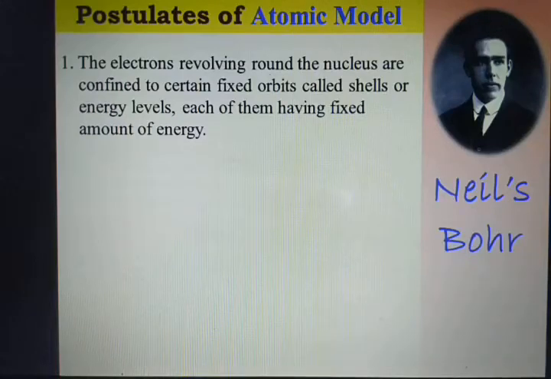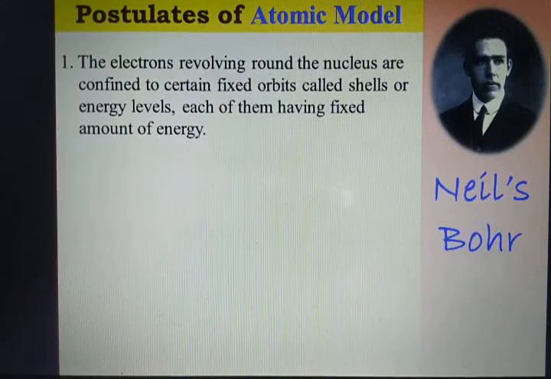According to Rutherford, electrons revolve around the nucleus in particular orbits, that means well-defined paths. But he didn't mention that, as we can make out from the video, it will lose energy, and automatically what will happen after losing energy? It will collapse.